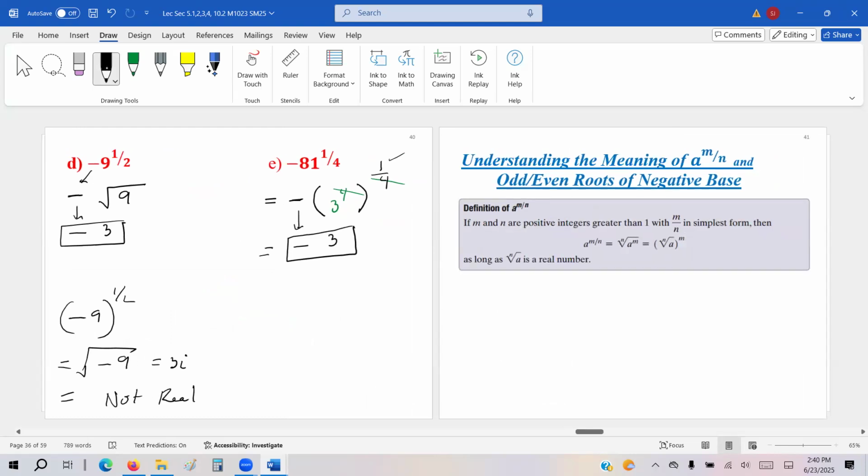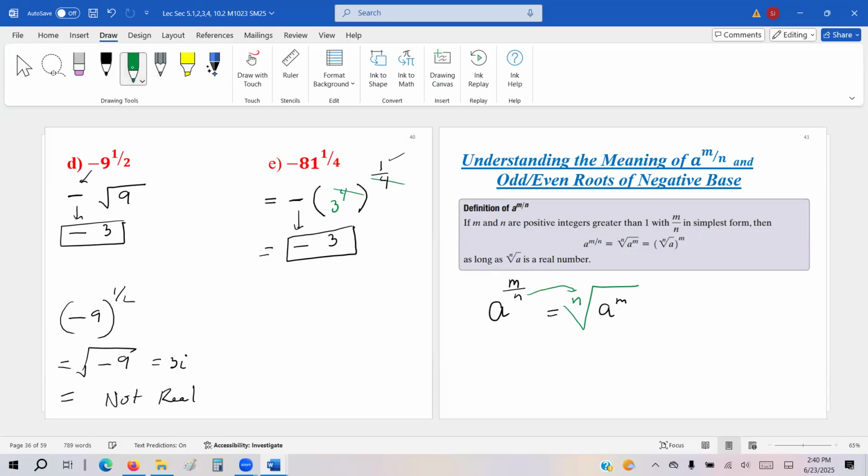Okay. Now, the thing I discussed before, what if you have two powers? One is in the numerator, one is in the denominator. What happens? It means you have to work with both. So if you have a to the m over n, you can rewrite a to the m power and then radical n.